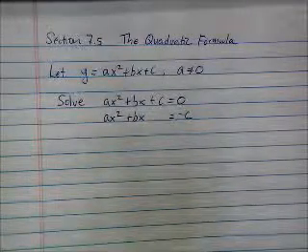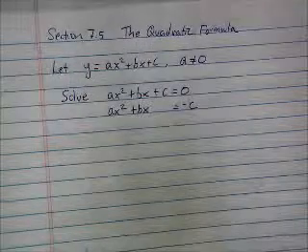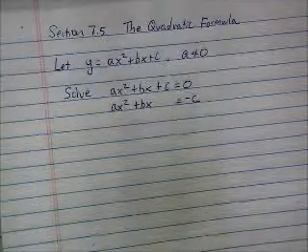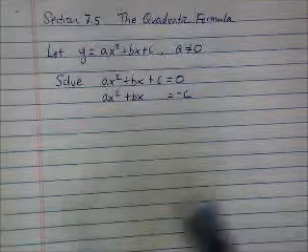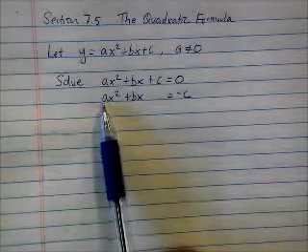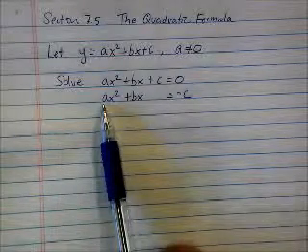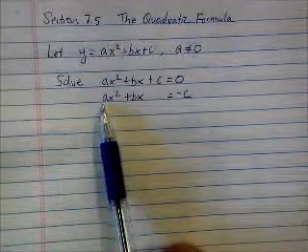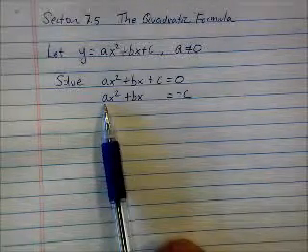What's the next thing we need to do? Well, this number right here, a, has to be the number 1. Maybe a is the number 1, maybe a isn't. But I need to make sure I have a 1 right there. How can I make sure I have a 1 right there? Divide everything by a.